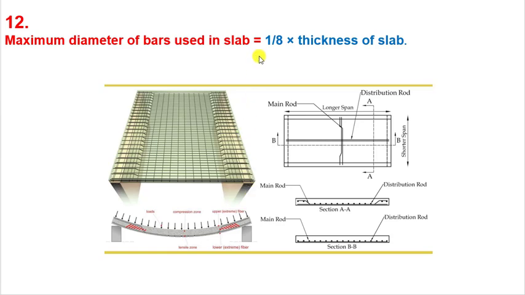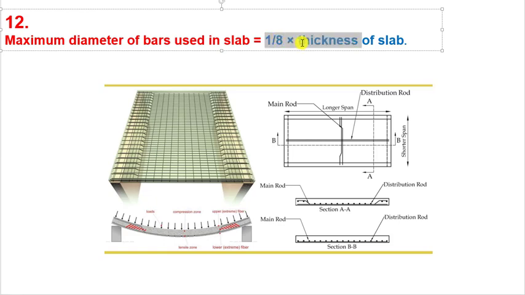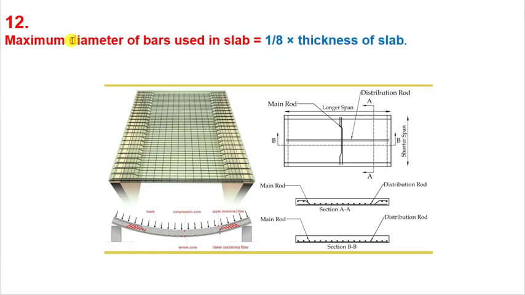So for that, we have a relationship, or you can say a formula, to find out the maximum diameter of a bar we can use in a slab. It is 1/8 of the thickness of the slab. Whatever the thickness of the slab is, you multiply it by 1/8, and then you will get the maximum diameter of the bar.